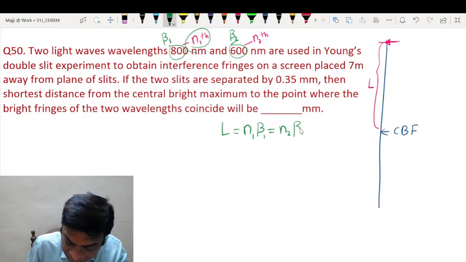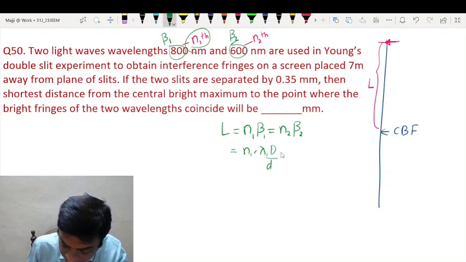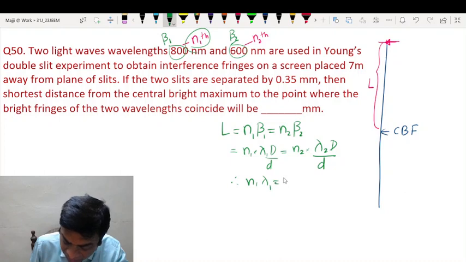So beta 1 is lambda 1 capital D by small d, whereas beta 2 is lambda 2 capital D by small d. So we have n1 lambda 1 is equal to n2 lambda 2. Lambda 1 is 800 nanometer, lambda 2 is 600 nanometer.